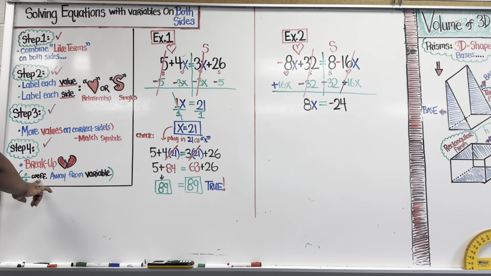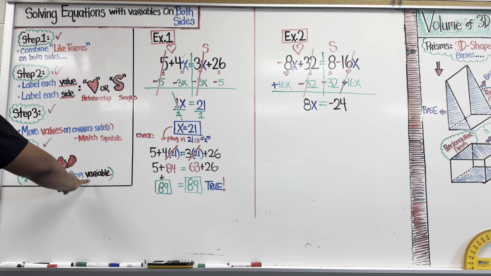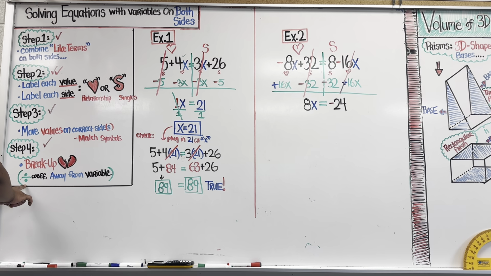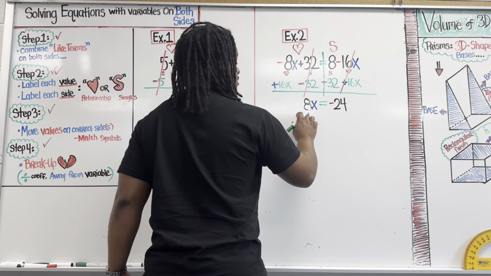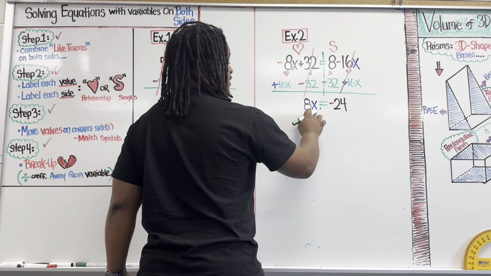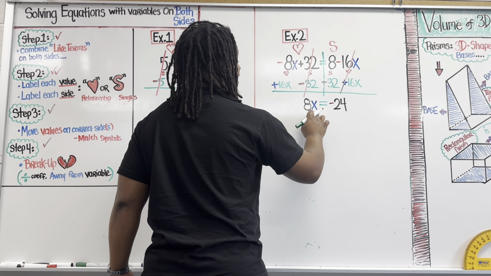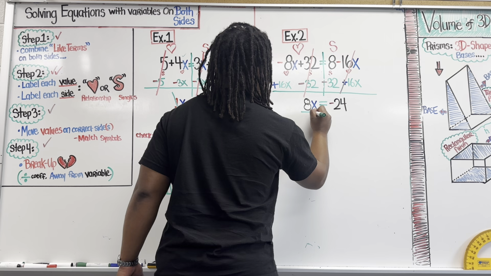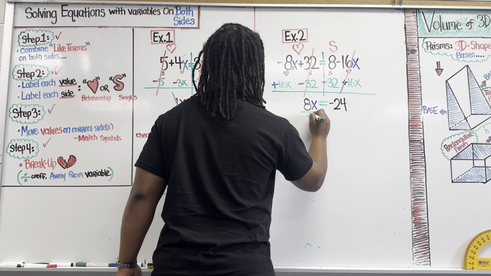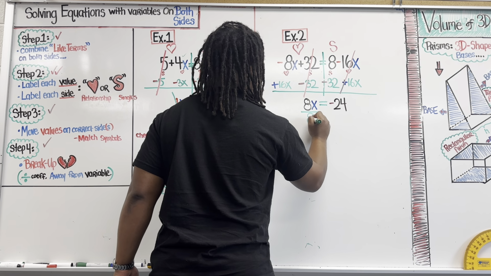So we're gonna break up the coefficient away from the variable, which is x, and how we break up is dividing the coefficient away, okay? So in this particular case, guys, the coefficient 8 is in the relationship with x, which is saying 8 times x, and the opposite of saying 8 times x is x divided by 8.